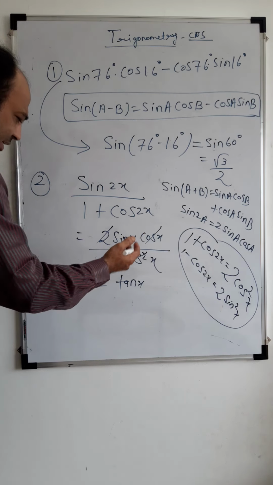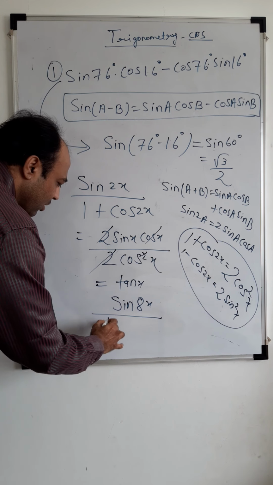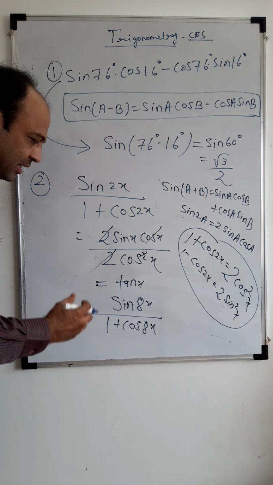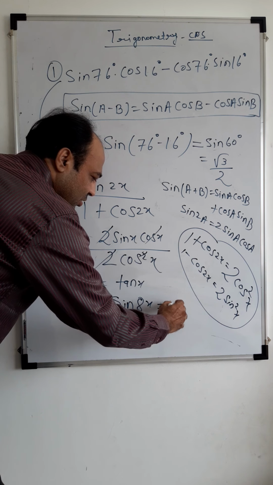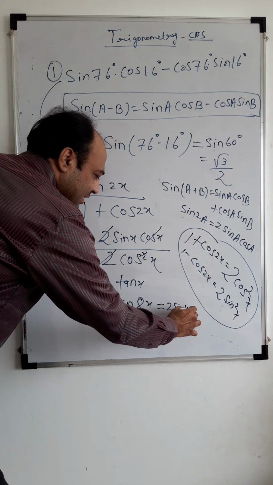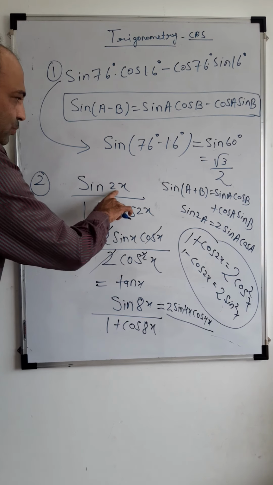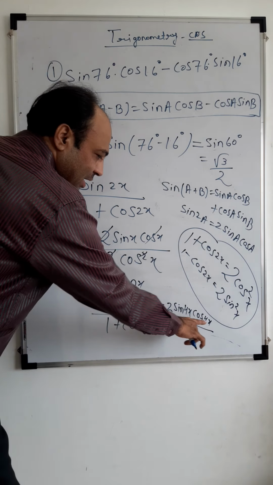In this situation, let's say sin 8x upon 1 plus cos 8x comes. We have discussed in multiple angle that sin 8x becomes 2 sin 4x into cos 4x. Half of the angle, a and a, so 8x becomes 4x and 4x.